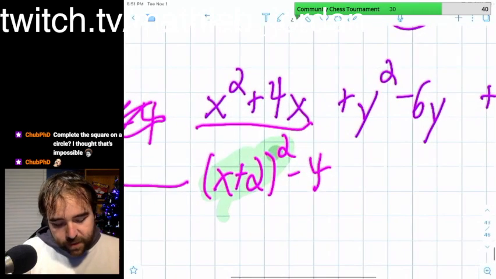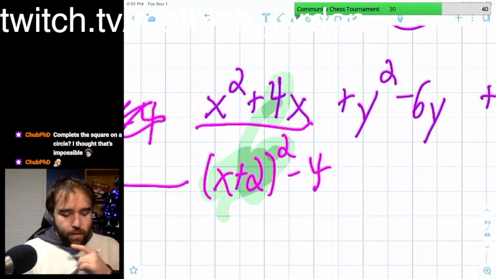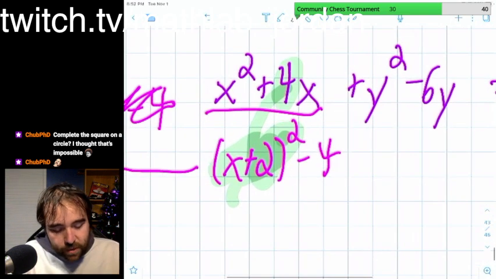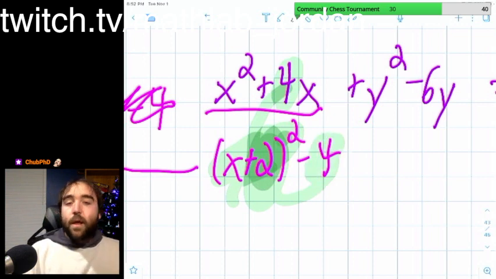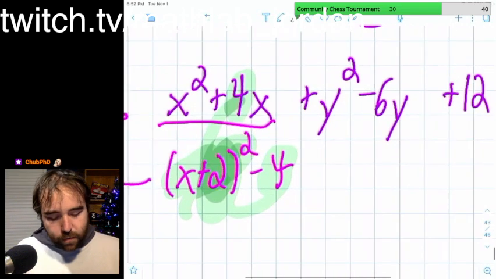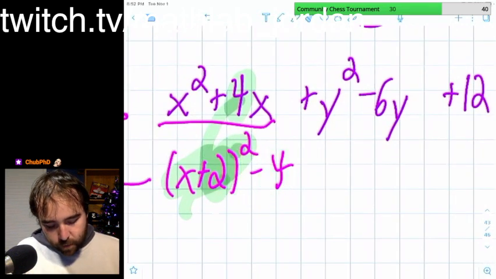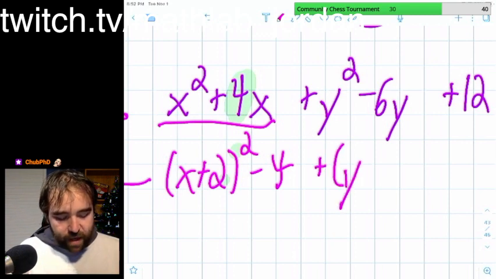And so that's the complete the square pattern. So what did we do? We looked at this number and we took half of it and put that there. And then we took this number and we squared it and put that there. And so that's the same thing we're going to do with the y's. So let's come over here with the y's. And let's say we're going to do half of that.